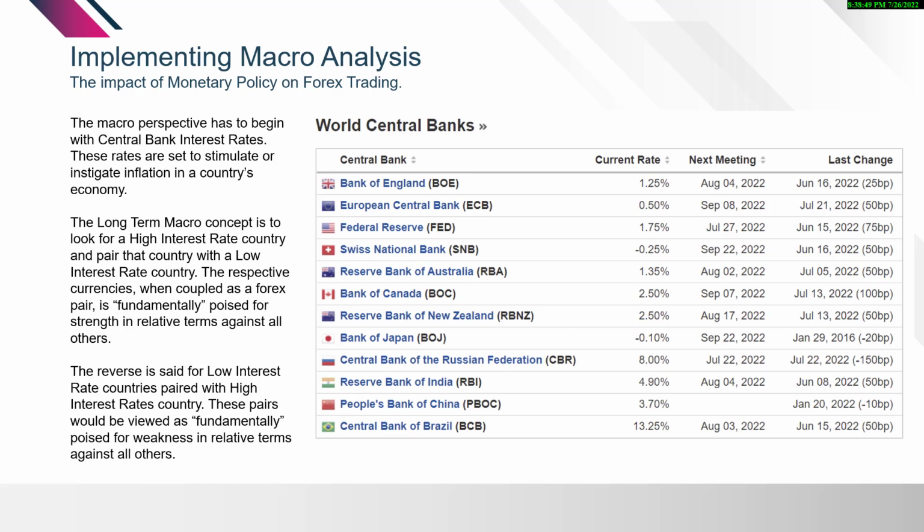Then on the higher rate side, we've got the Canadian dollar, the New Zealand dollar, the Australian dollar, and the Federal Reserve. So we can probably look at a low rate country like the ECB, Euro, versus a country like Australia, the Australian dollar. That is 0.5 versus 1.35%. So fundamentally speaking, we would be bearish on that pair.